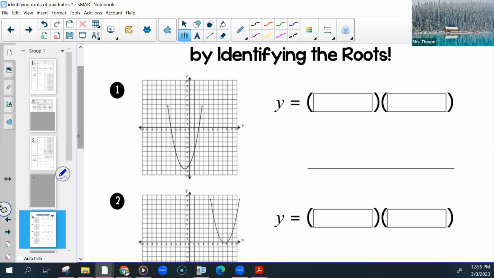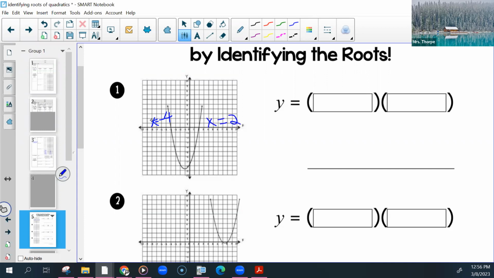I know the graph is really small, but what would your two solutions be here? -4, 0. And I'm gonna just write it as x equals -4, but you could write it as -4, 0, that would be fine. Negative, not positive. Any other? 2.